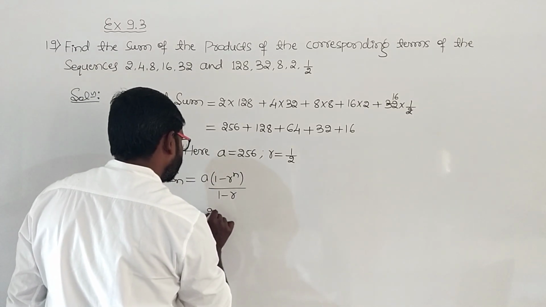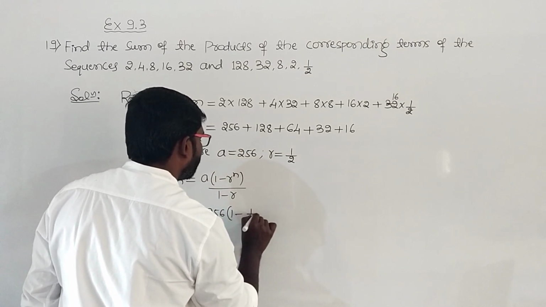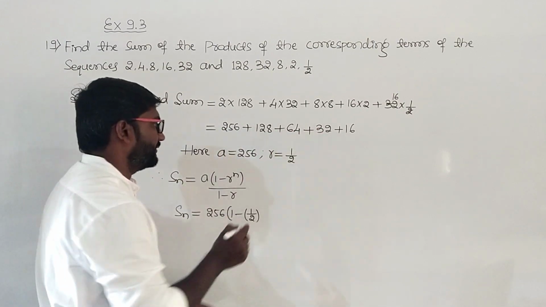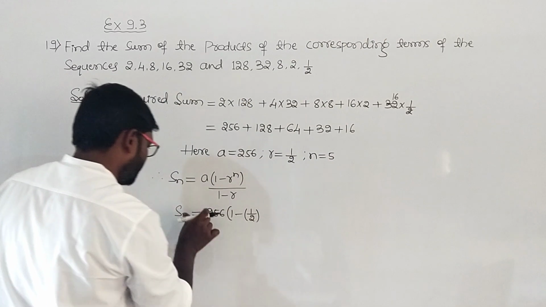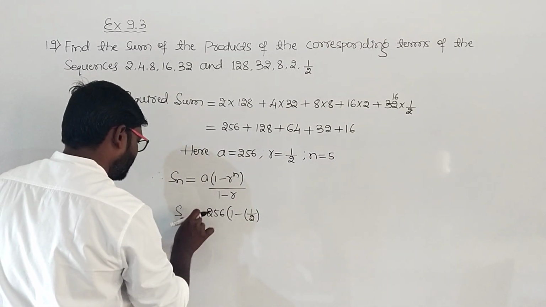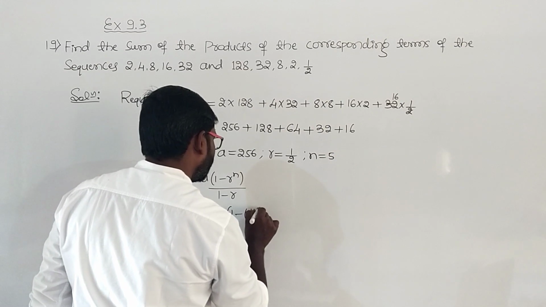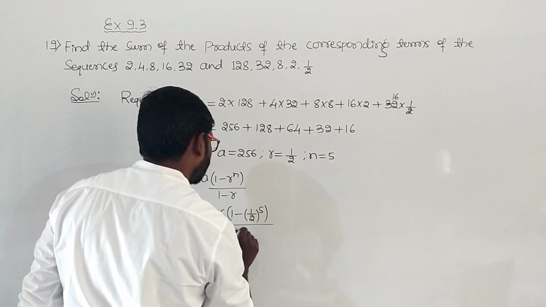It is 256, and then 1 minus R raised to n, that is 1 by 2 raised to n. N is nothing but 5 here. So here I will replace n by 5. So the sum of the 5 terms: 1 by 2 raised to 5, then divided by 1 minus R, R is 1 by 2.